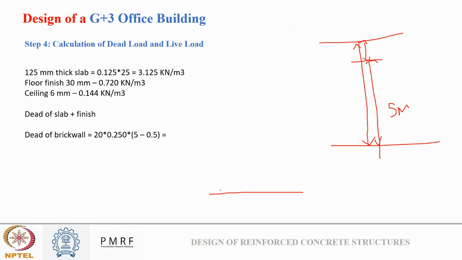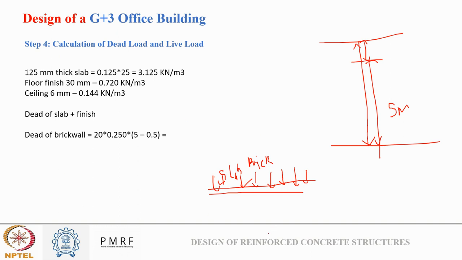If this is a beam, the weight on the beam will be due to slab, the brick wall and the finishes. If you know the dead weight of each component separately, you can calculate the UDL acting on the beam. You know the dimension of the beam, so you can calculate the UDL acting on the beam.